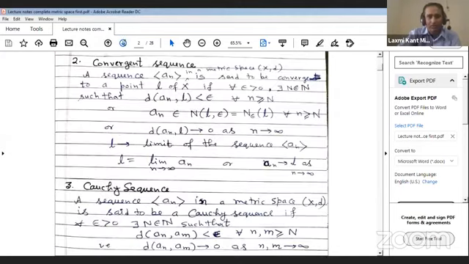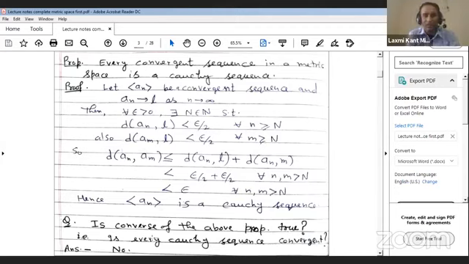We have also observed that every convergent sequence in a metric space is a Cauchy sequence. And I asked the question: is the converse of the above proposition true? That means, is every Cauchy sequence convergent? The answer is no.